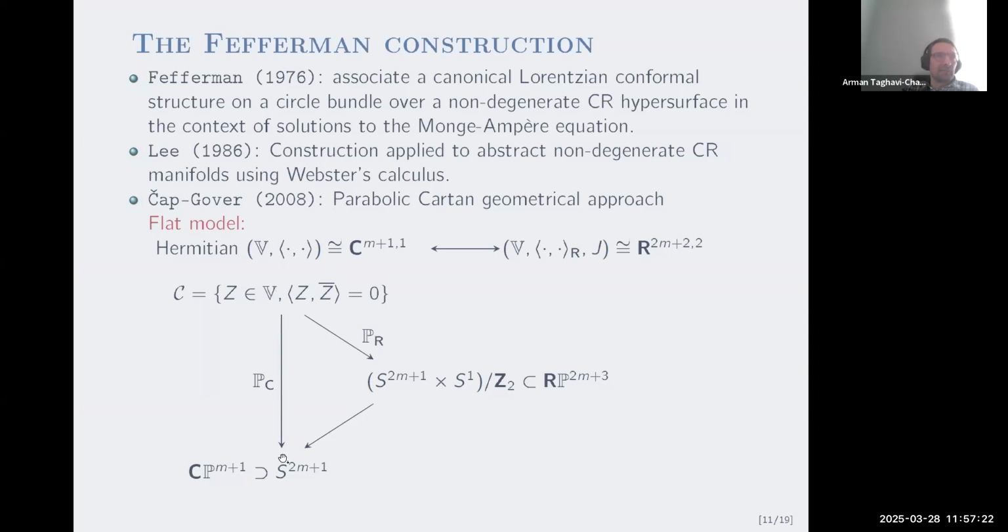And you take the complex projectivization and you get the odd dimensional sphere equipped with a CR structure. But I can also view this complex space as a real space, so now of dimension 2m+2, and it's equipped with a symmetric bilinear form of signature (2m+1, 1).